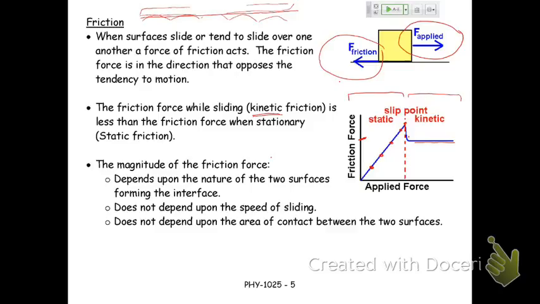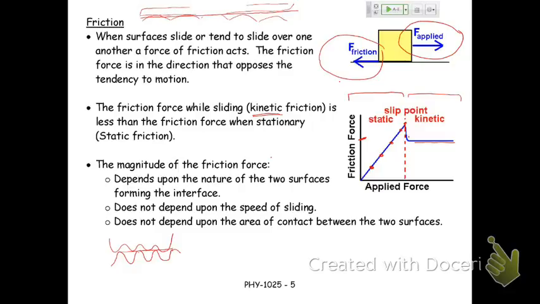And what's the reason for that? You can talk to different people and they'll give you different reasons. A way I think of it is, here's the underside of the block and here's the top of the table. And there are these peaks that hit into each other while it's moving. So this one peak sticking down will hit that peak sticking up, and you'll get a little drag. So that's kinetic friction.